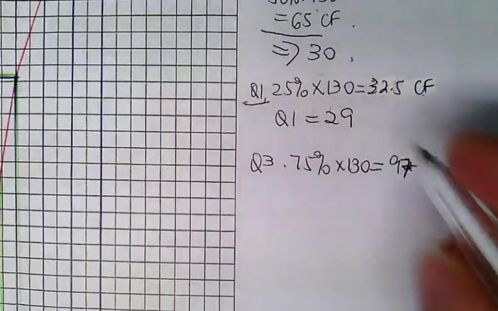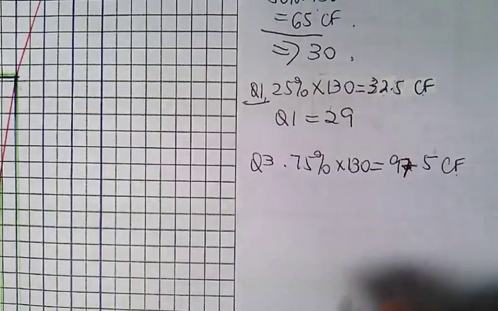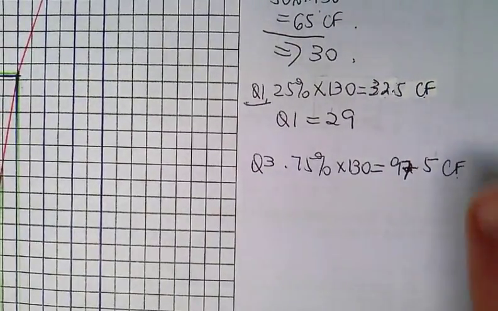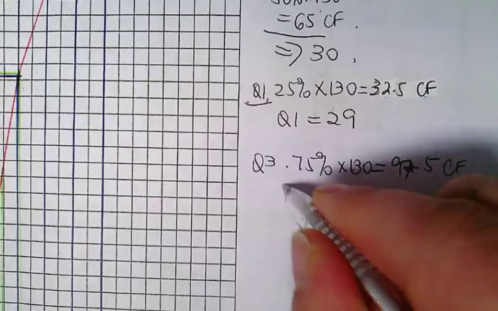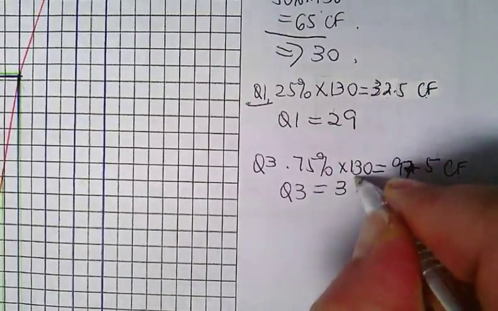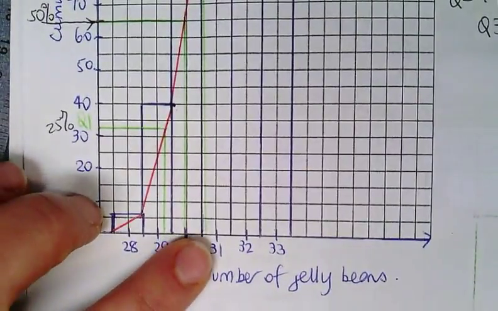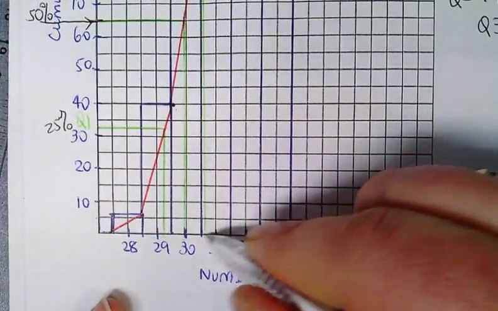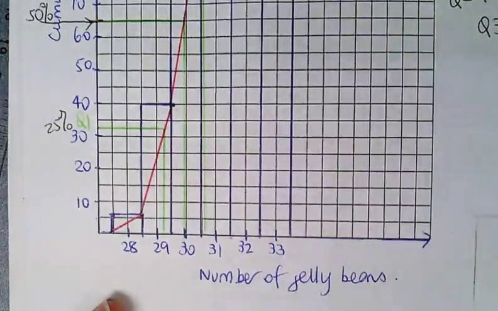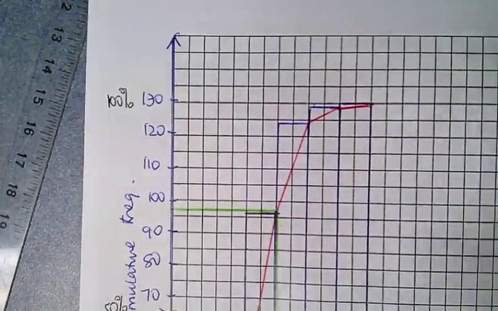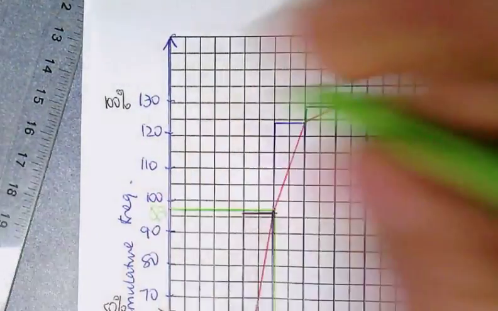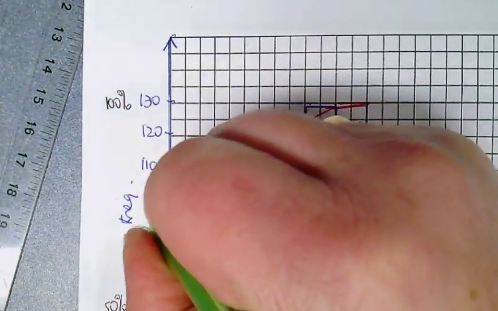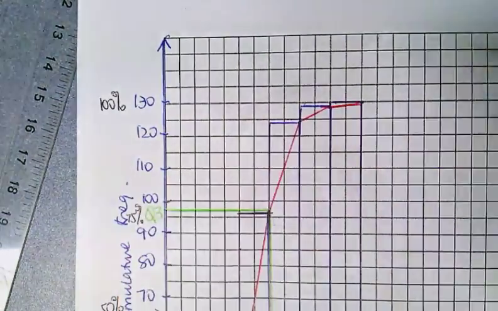So Q3 is at cumulative frequency 97.5, and when I read it off on the graph, I get 31 because it occurs in that column. It just hits inside this column. This is the column with 31 here. Okay, so they're very close. Again, this is my Q3 here, and it's my 75% mark.